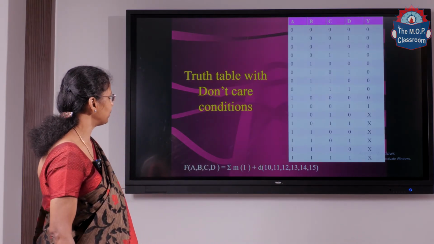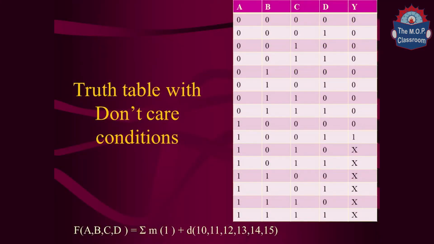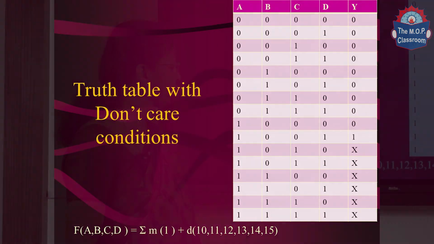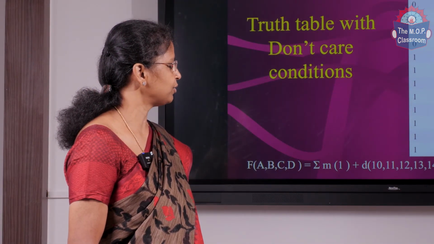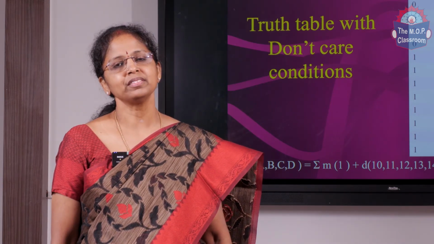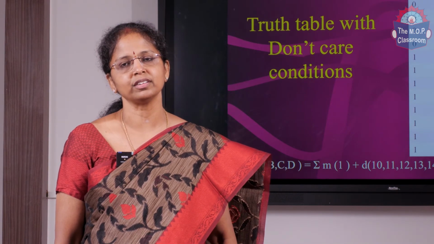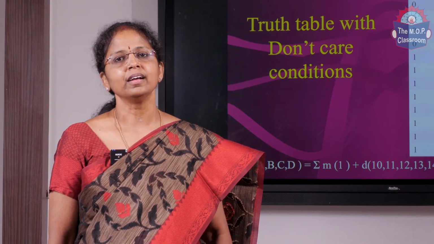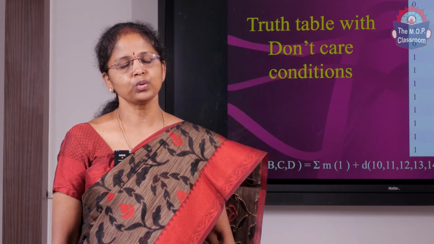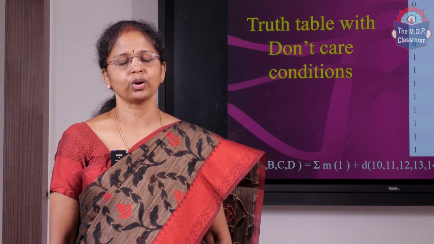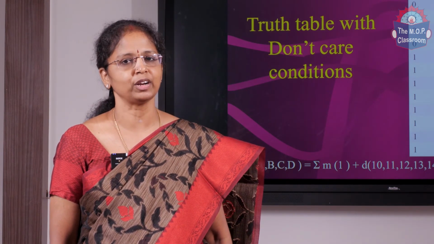We will see an example. This is a 4 variable truth table where we have indicated the don't care conditions with X. The input conditions corresponding to 10, 11, 12, 13, 14 and 15 are represented with X, meaning those input conditions are not required for designing the circuit, but still we write them so that we can use the X as either 0 or 1 for getting a simplified logic circuit.